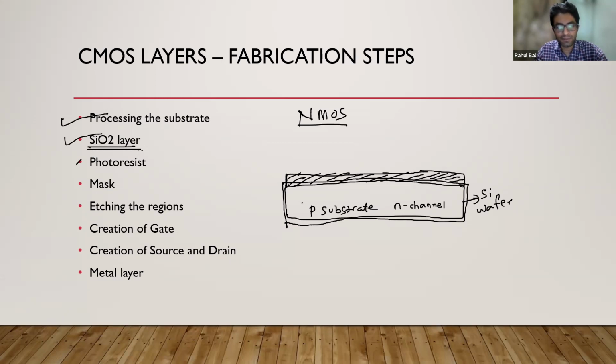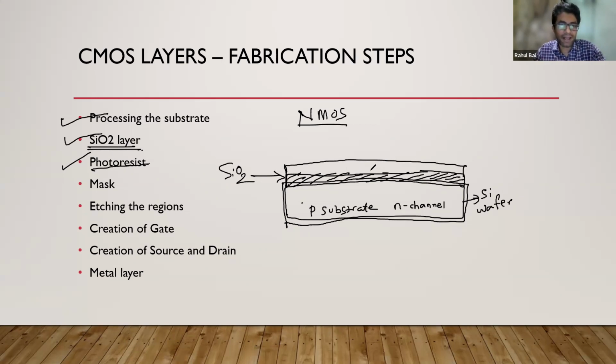In a similar way, the third layer is the photoresist. After this SiO2, which is the second layer, we have the photoresist layer. As the name indicates, it is a light sensitive layer. When some light falls onto the wafer, it may change the functionality of your circuit.